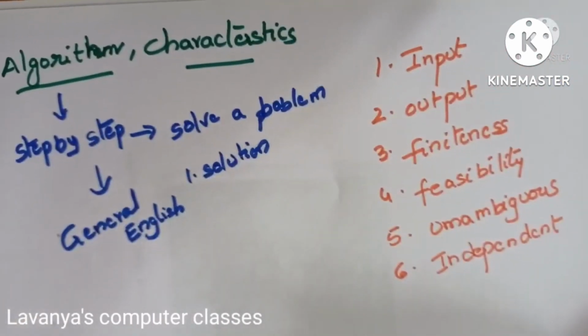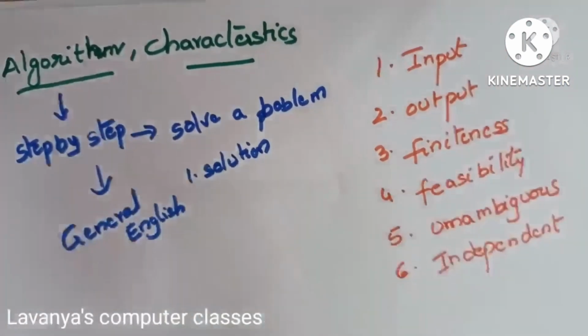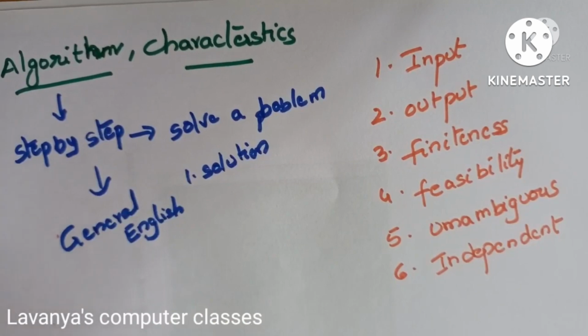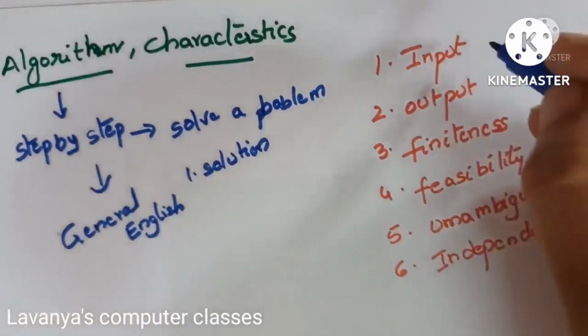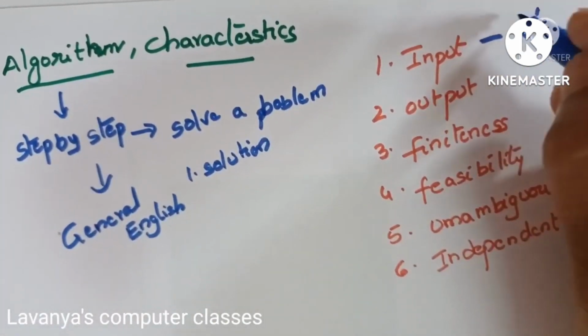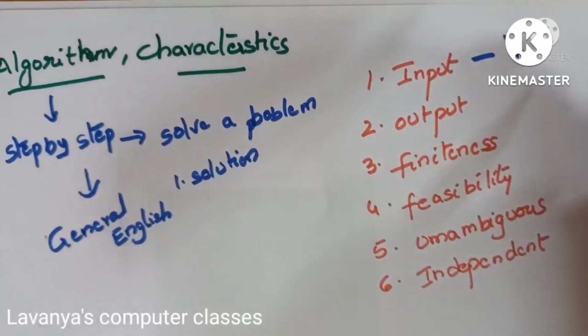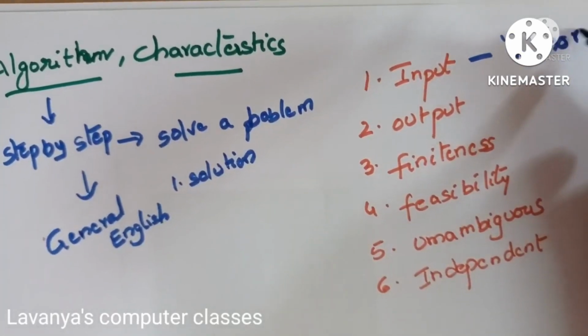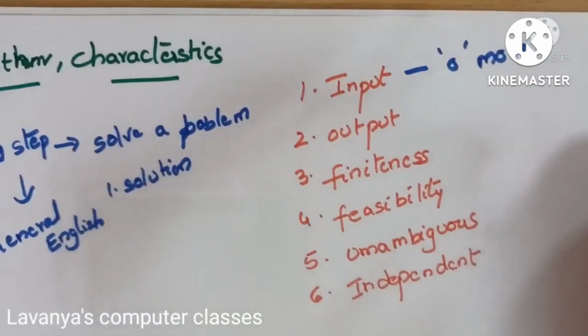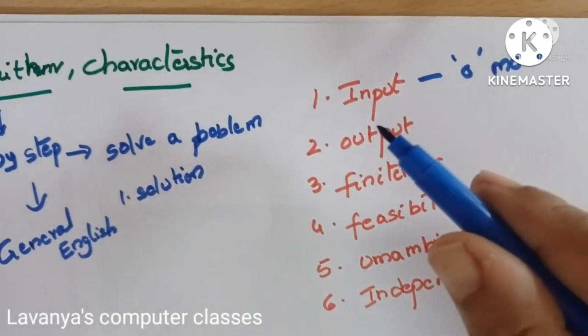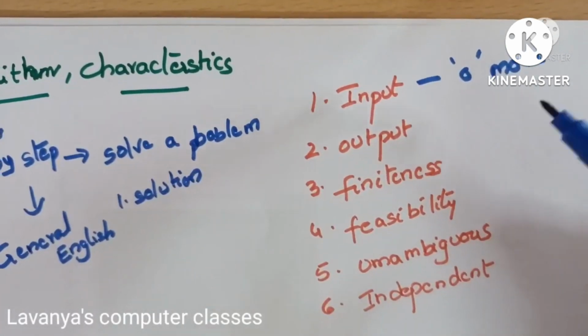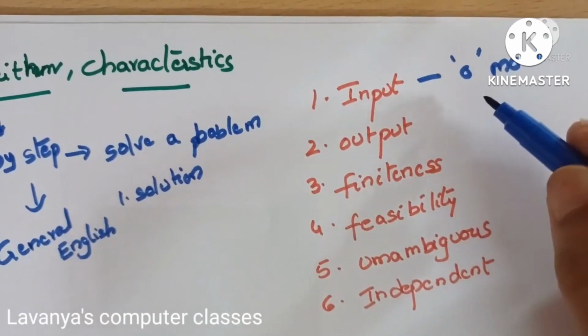Using the inputs, the final answer we get is called the output. For writing an algorithm, we need either zero or more inputs, depending upon the problem.